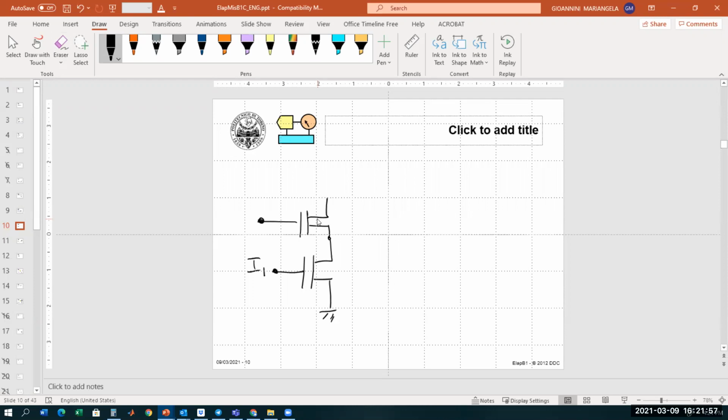Because to be sure that this output here is 0, both of them must be switched closed. So in this case, the NMOS are in series.